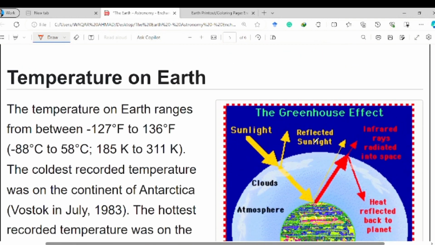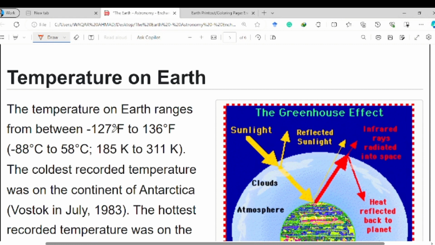Now, what about the temperature? That is one of the most important properties of the Earth. Temperature on the Earth ranges between minus 127 Fahrenheit and 136 Fahrenheit, which we can convert into centigrade and then Kelvin.